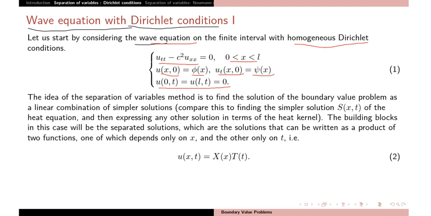So the idea is separation of variables, which is widely used to solve boundary value problems for ODE and PDE, in which we assume that the solution can be separated in two variables x and t. So I assume that the solution has an x component, which is a function of only x, and a t component, which is a function of only t.